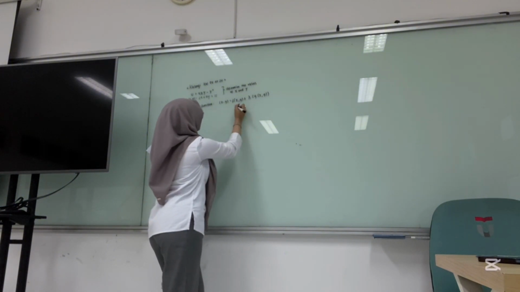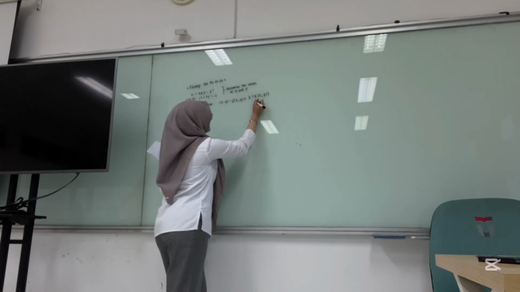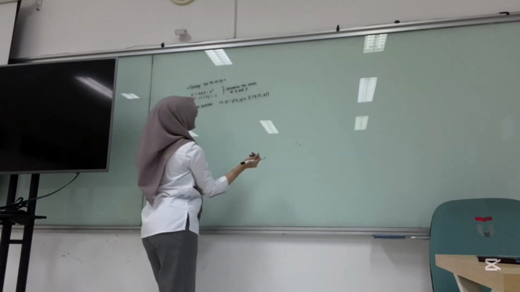So the Lagrange function is f(x,y) plus lambda g(x,y).